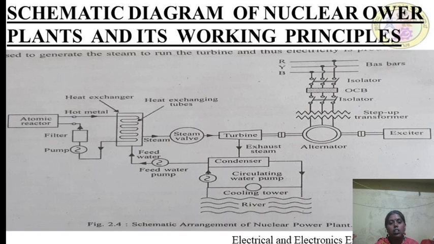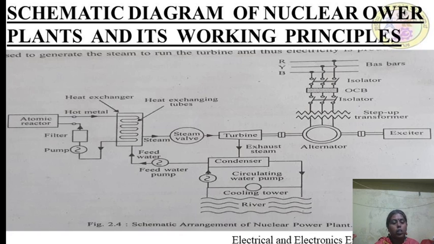In the diagram, the main component is the atomic reactor. Here the nuclear fuel is used and a nuclear reaction takes place in the reactor, either by chain reaction or the nuclear fission method.